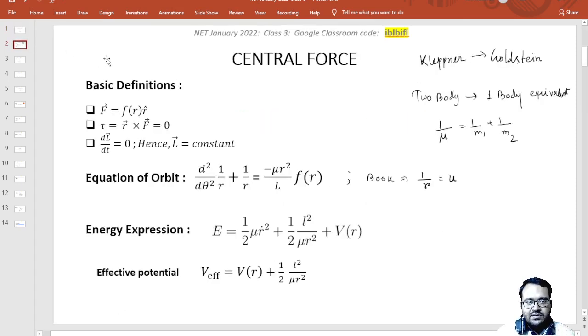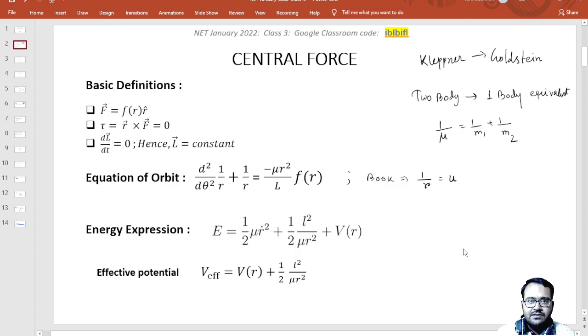So first, the very basics. What is a central force? Central force by definition is a force which depends on the radial distance only and not on theta and phi. Just imagine the spherical polar coordinate system.